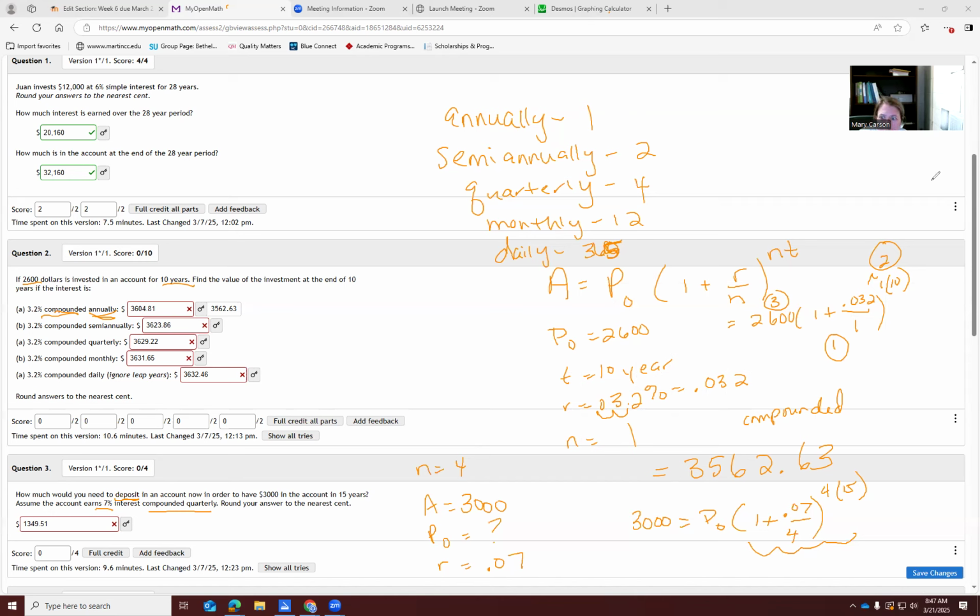Let me write that down so I have it. Again, it matters how you put this in the calculator. You're going to do this part first, then the caret top button raised to this part, and then we'll go from there.